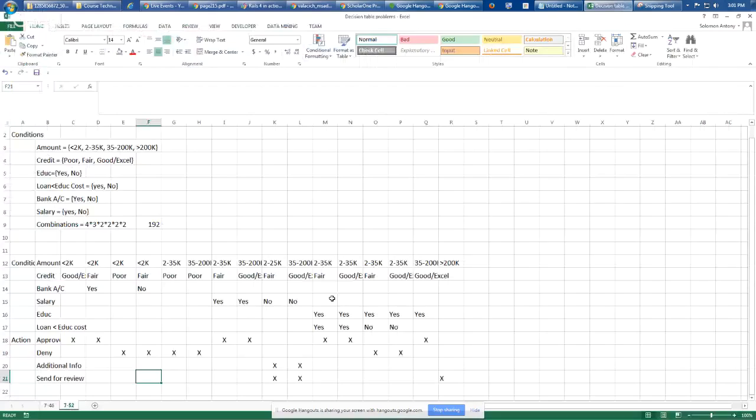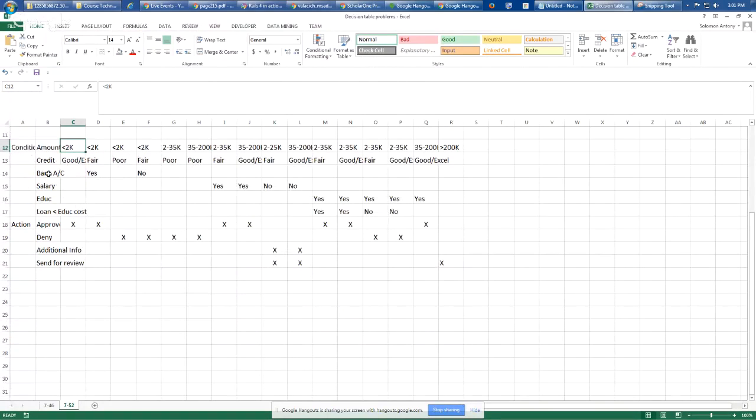Now that we've got this done, we may have to rearrange it a little so that all the credit amounts are shown together. So let me do that. Let me copy this.